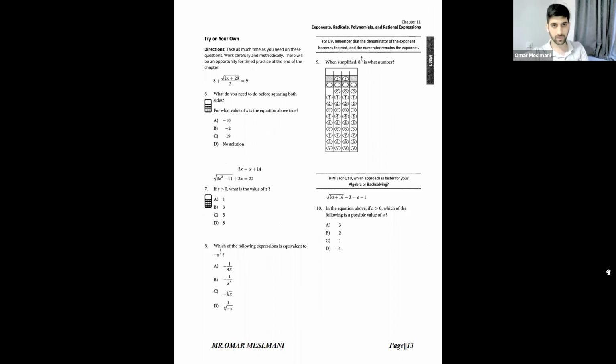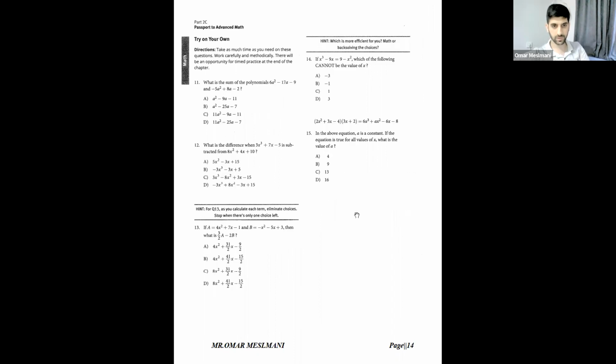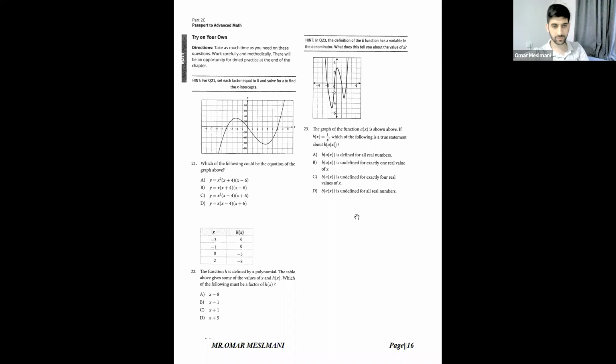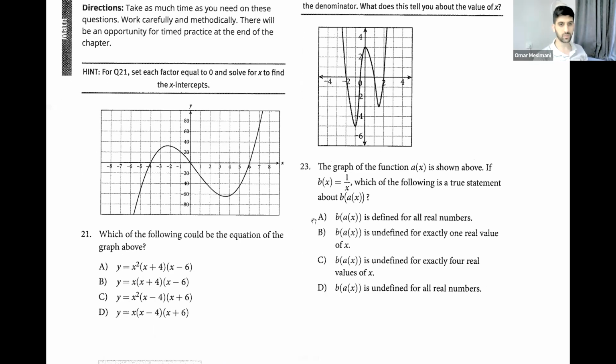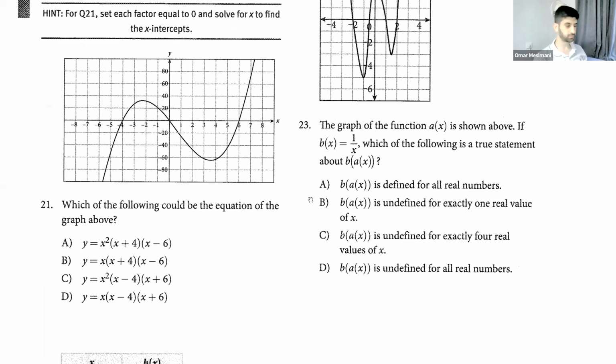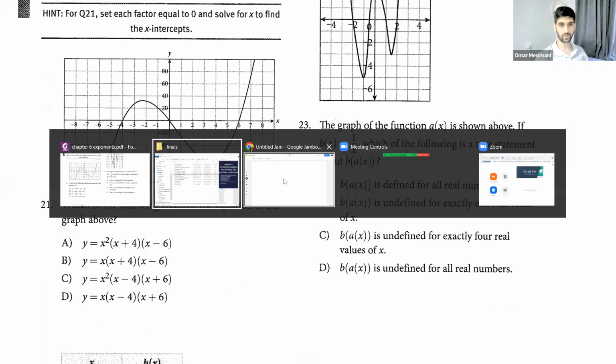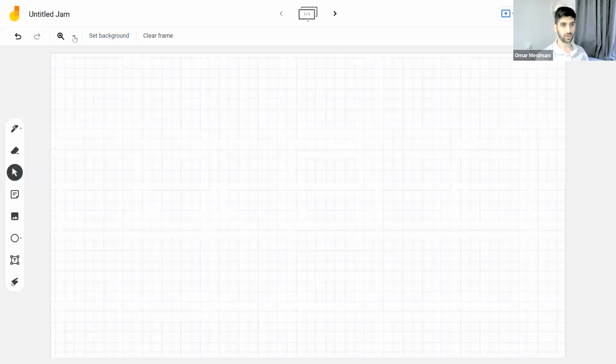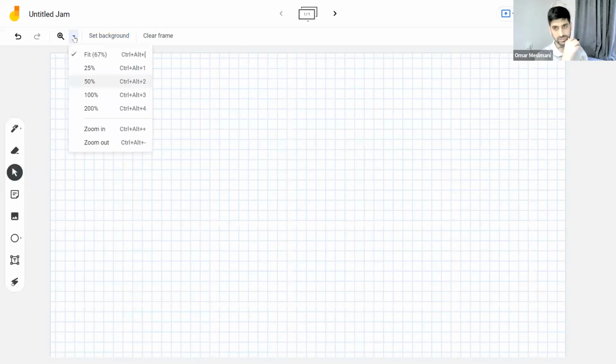We finished the exponents, radicals, expressions, long division. Okay, let's talk about this. It's easy. This is something we call the intersections. Now we have one or two ideas left.